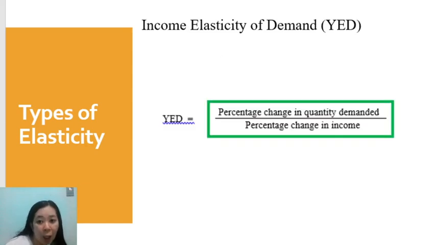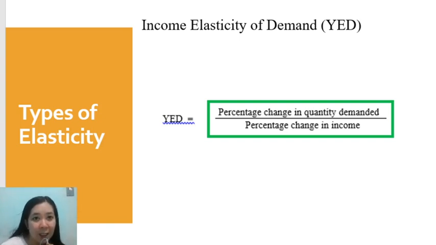We have here the formula. If you could notice, the formula is quite the same as in our price elasticity of demand. This is the percentage change in quantity demanded divided by the percentage change in, however, in this case, our denominator is income.